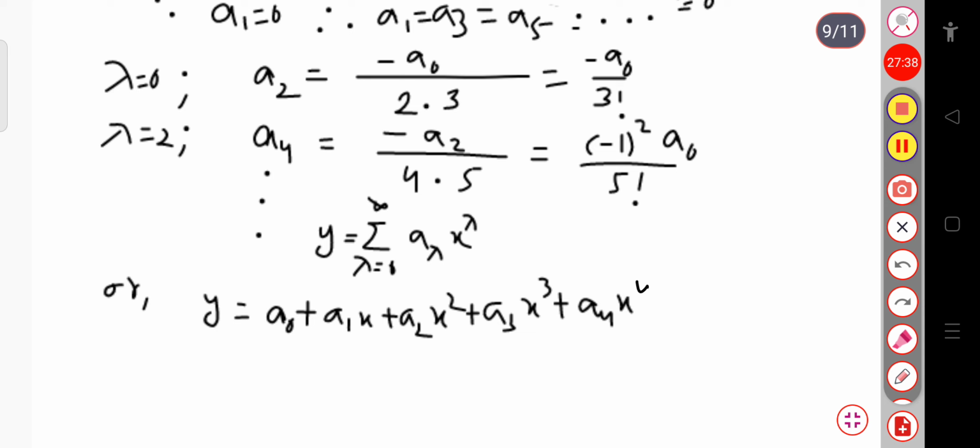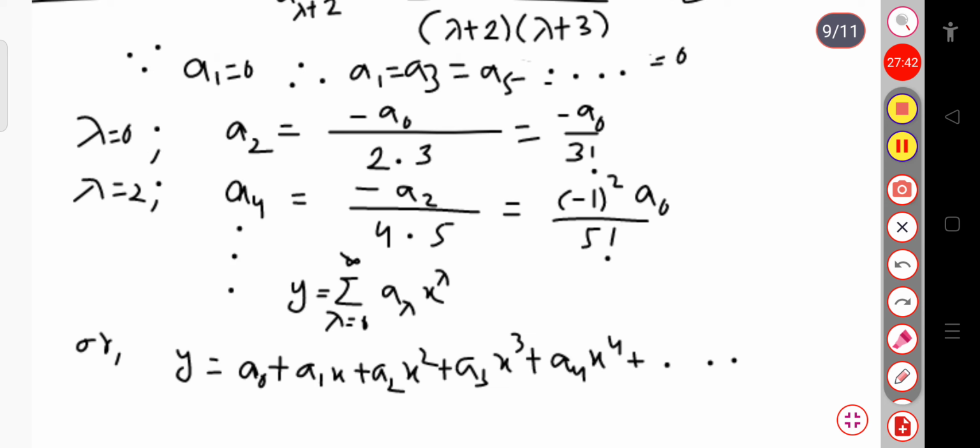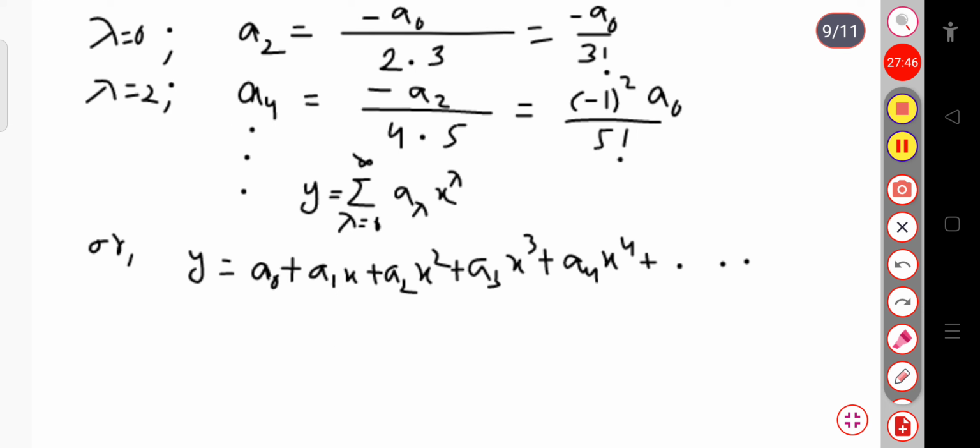Now here you know the value of a1 is 0, so a3, a5, a7 etc. go to 0. So simply the a1 term goes to 0, the a3 term goes to 0, a5 and so on go to 0.